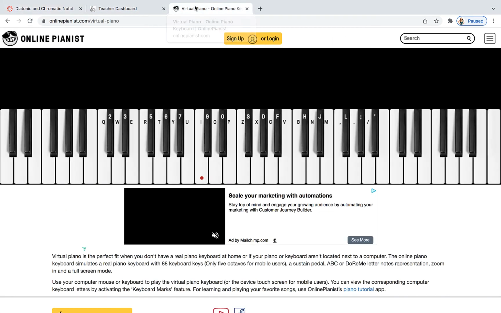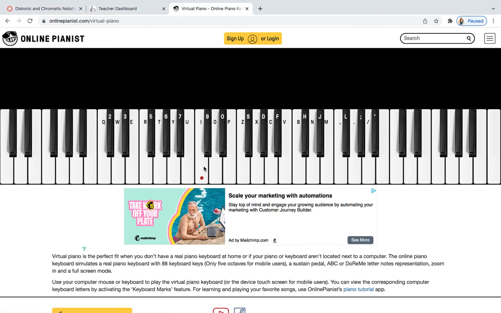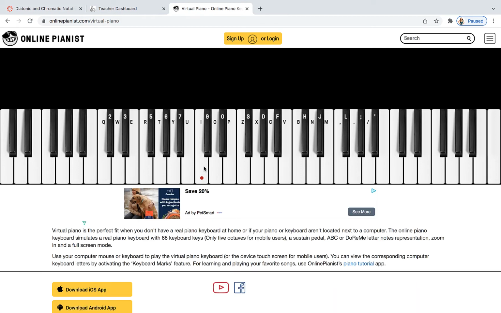If I have, let's say, A to C sharp. Here's a whole scale. And that's 1, 2, 3, 4, 5, 6, 7, 8.